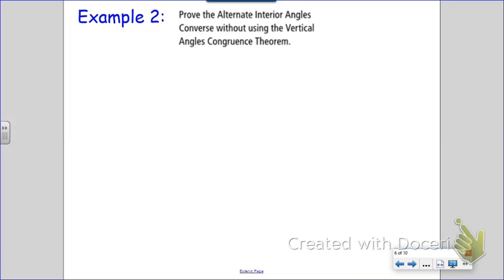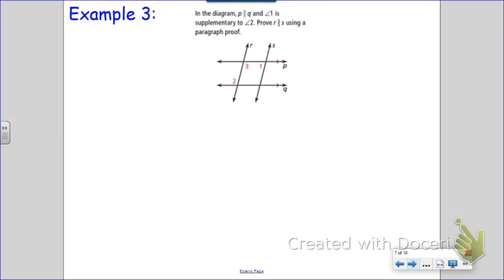All right, next example says in the diagram P is parallel to Q and angle 1 is supplementary to angle 2. Prove R is parallel to S. We will use a two-column proof format again, although if it says a paragraph proof and you want to write it out as a paragraph, that would be okay too. Either way is fine.